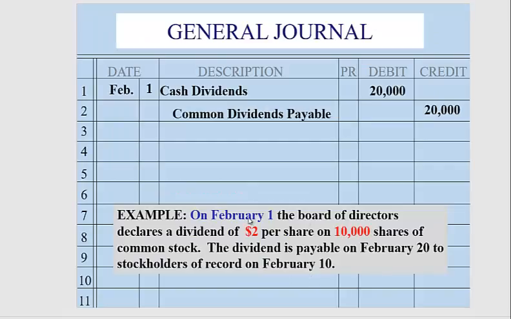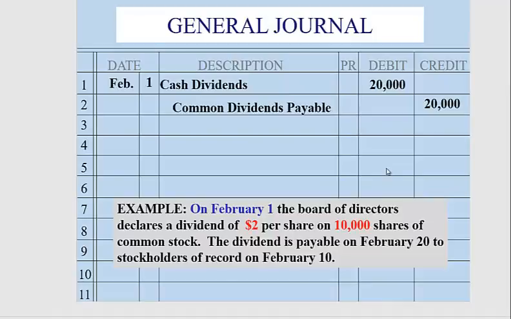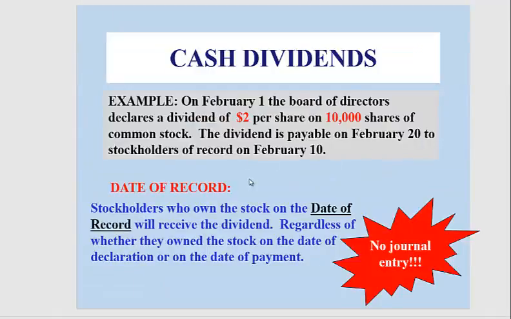So on February 1st, the date of declaration, we have to put a liability on the books for the dividends. So we debit cash dividends for the $20,000, and then we credit common dividends payable for $20,000. Now on the date of record, which is February 10th, there is no journal entry.